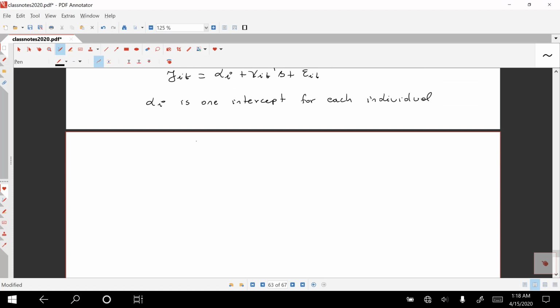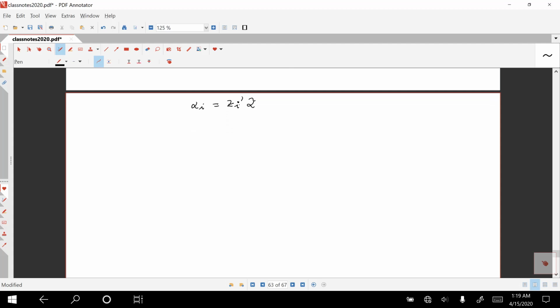Going back to our previous notation, now we're assuming that the effect of that vector of unobserved time invariant factors changes from individual to individual.